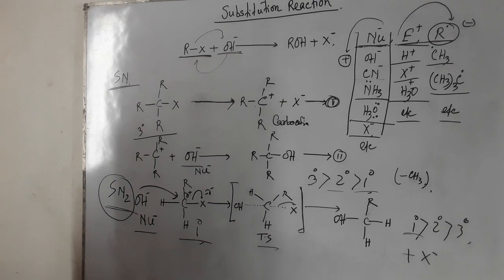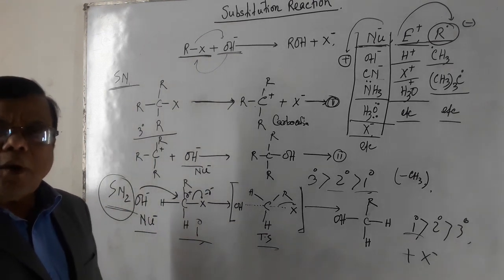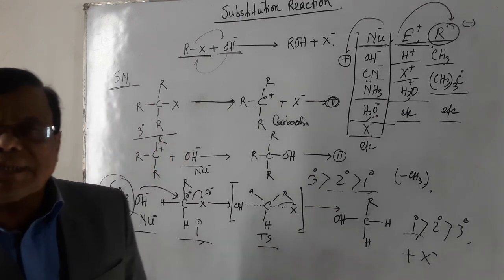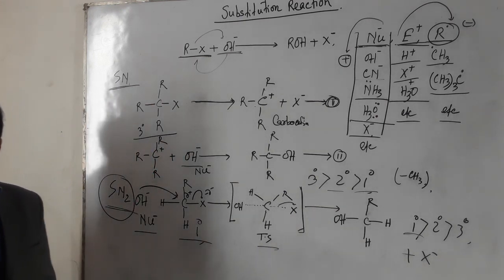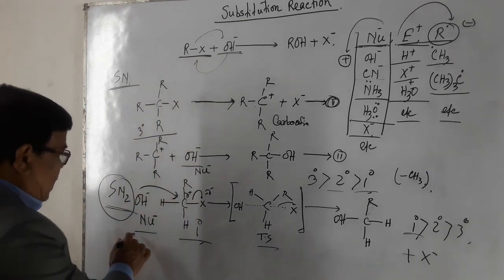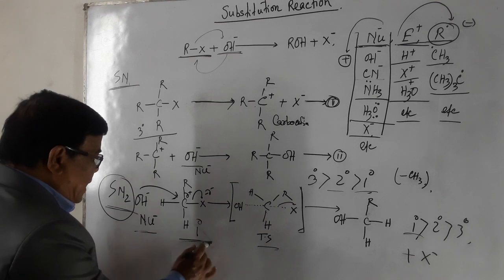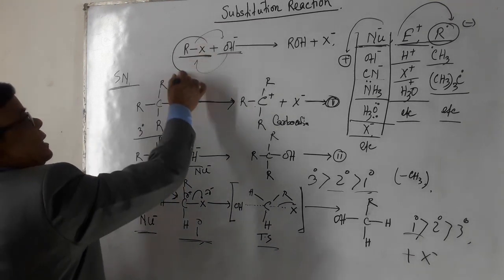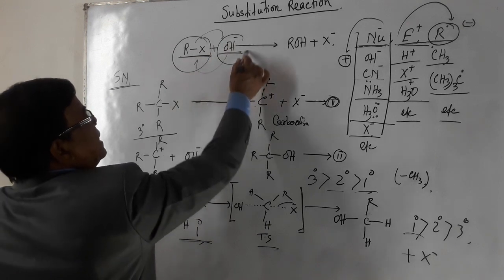Sn1 reaction is that reaction where the rate depends on the reactant, and Sn2 reaction is that reaction where the rate depends on the reactant and the reagent. This is called the reactant and this is the reagent.